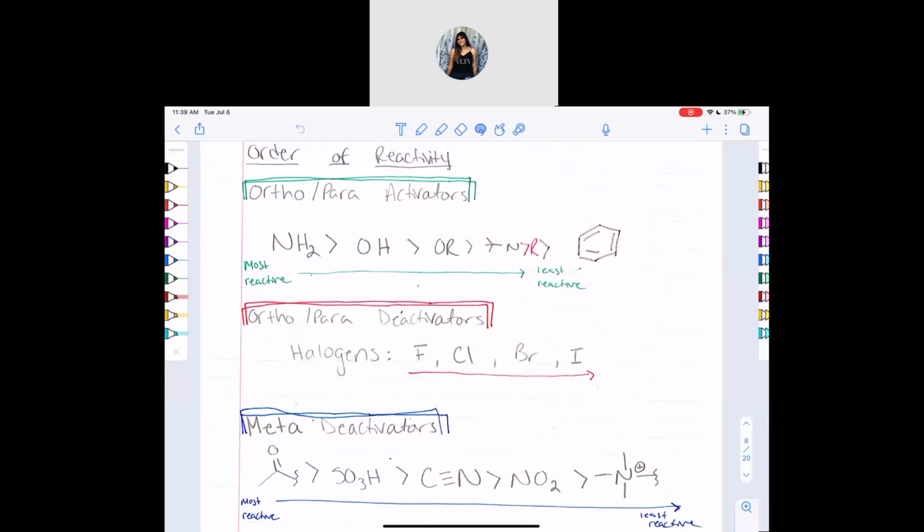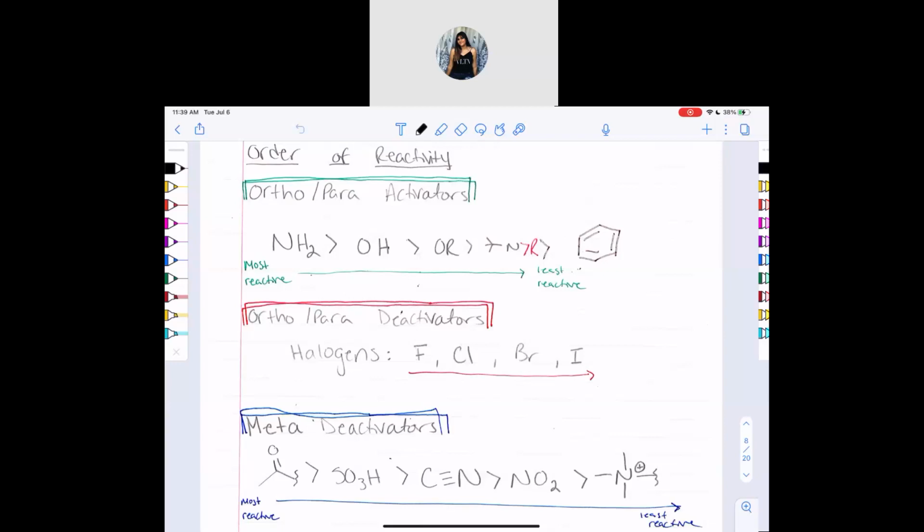The reason I put this in a specific order, from most to least reactive, is because you will actually have to know this order, at least in general. You have to know that the strongest activator we're ever going to talk about in this class is NH2.